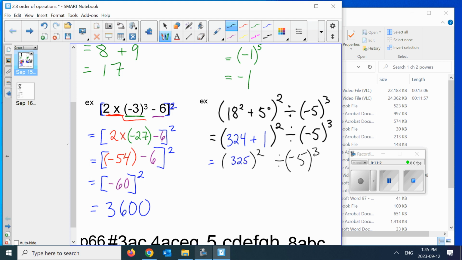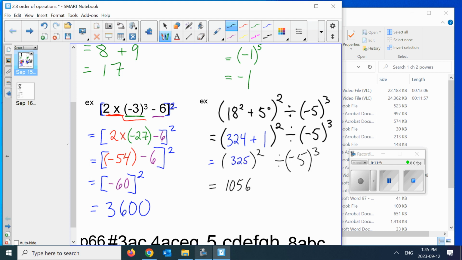Like I said, you didn't necessarily need to write 225 because I think you could do that. And you square it. Use your calculator. I have no clue. 105,625. I'm sure it is.